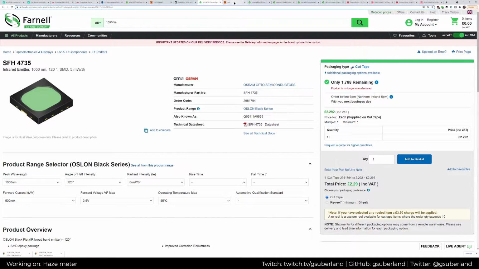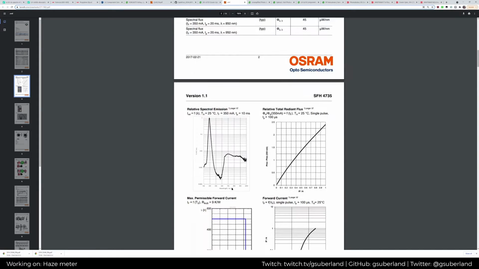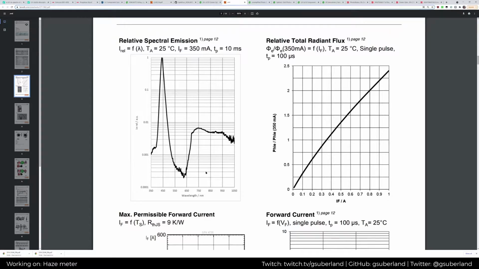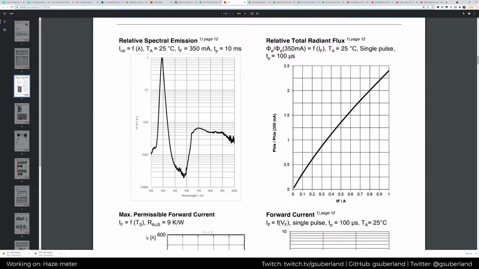I think, did I have the datasheet open? I did. So the wavelength here, I think for some reason it lists itself as a 1050 nanometer emitter, but I think that's just because it goes as high as 1050. So you don't get a lot out at that range. It's more at 450. Actually, that's very weird.